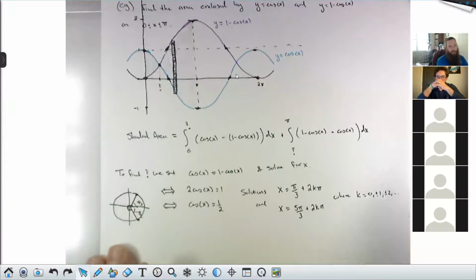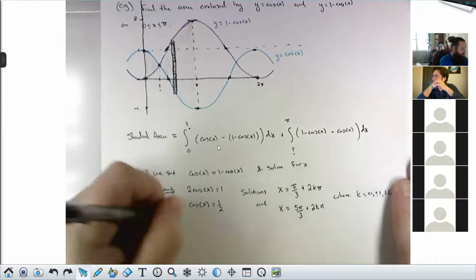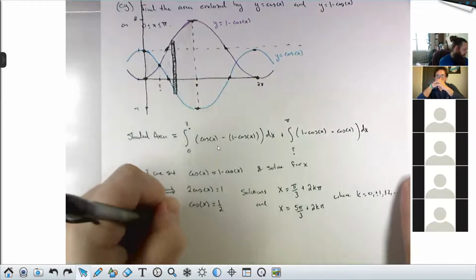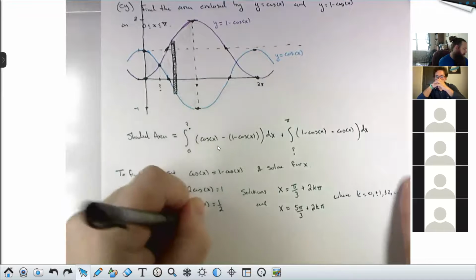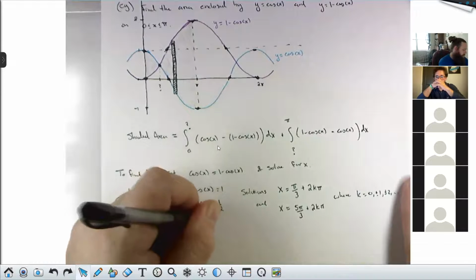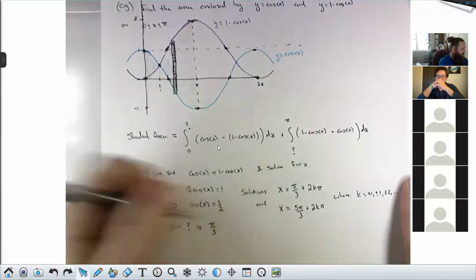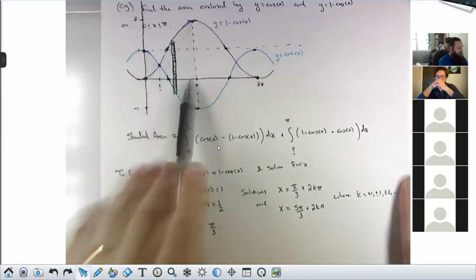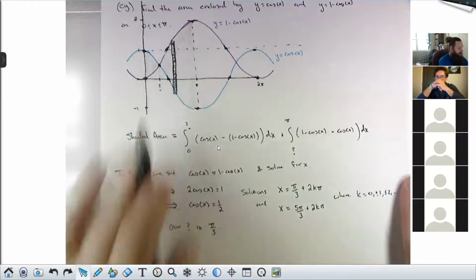So if we needed all those solutions, this is how you write them down. But again, we're just looking for the first positive solution, which is pi over 3, because that's the only one that falls between 0 and pi, or if you prefer, it's the smallest one which is positive.